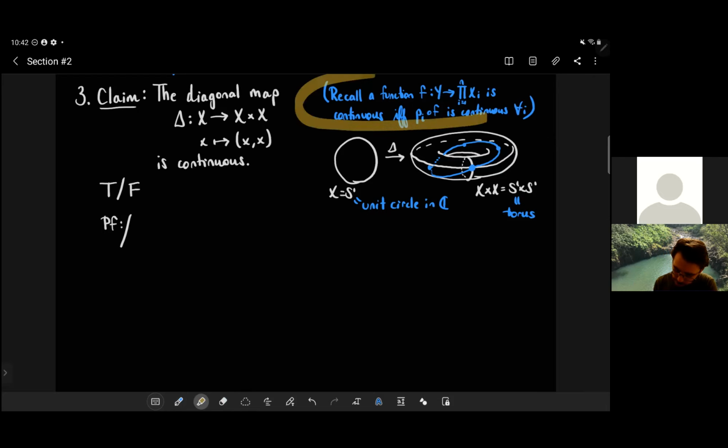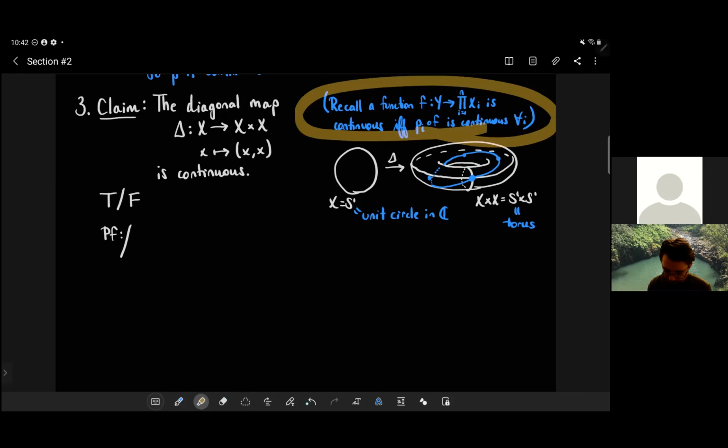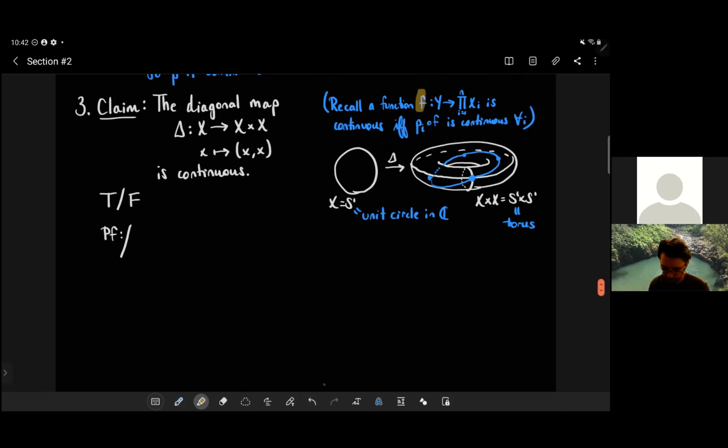What I've written up here is we actually have an established theorem we can use. I know that if I have any function, here I'm just calling it f as a placeholder, from some space to some product space, and looky here, the diagonal map goes from some space to a product space.